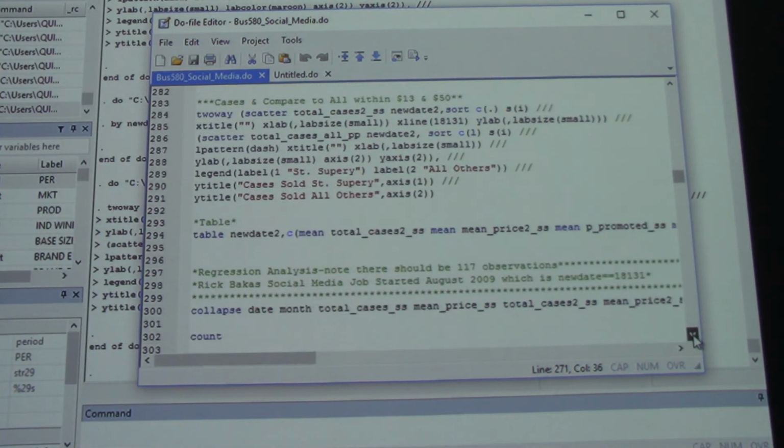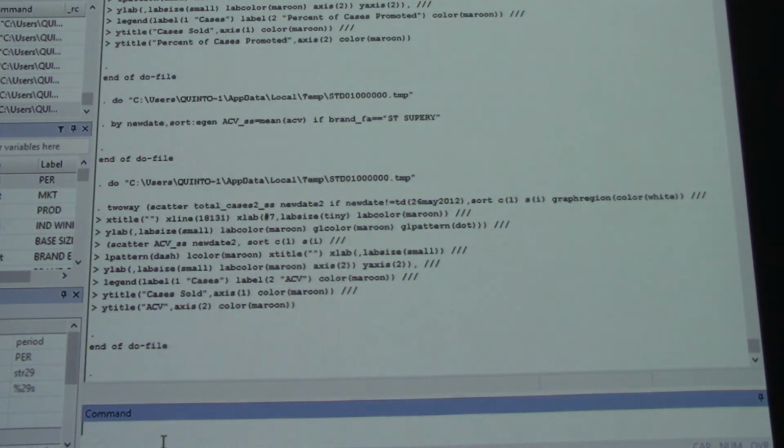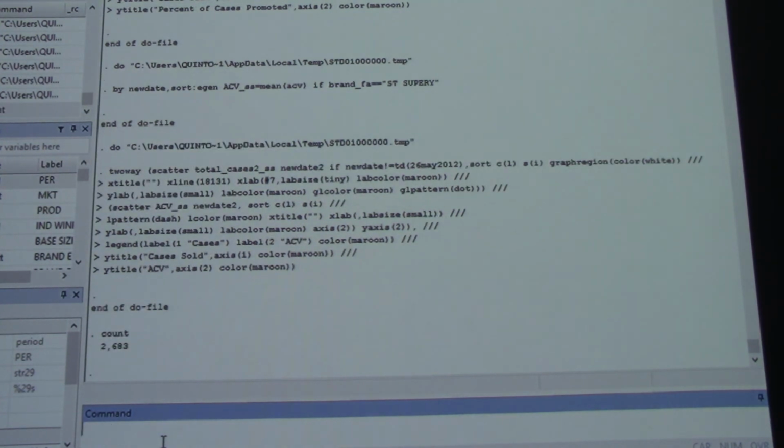We're not going to look at price points. All right, if you look at the data set, there are 2,600 observations. But a lot of these are repeated observations in each time period.